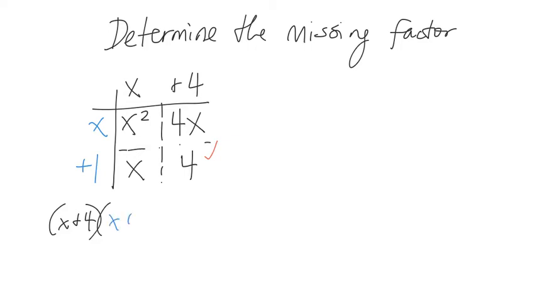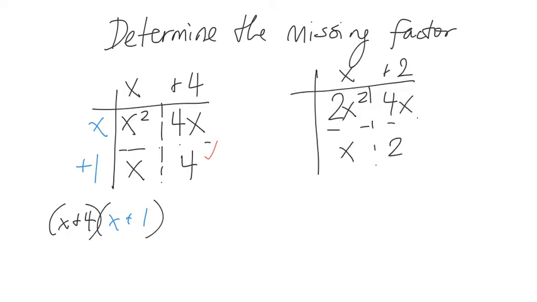Let me clean that up. x plus 1, like that. Okay, let's do one more. Here's the second example, and here's my chart. The factor I've been given is x plus 2.